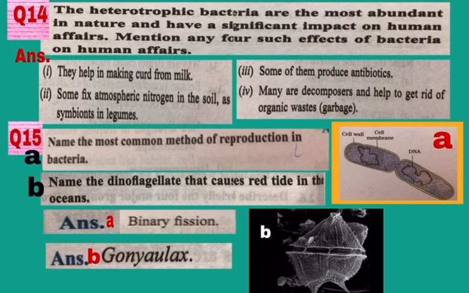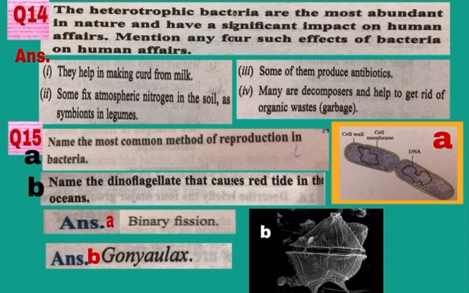Number 2, they help in fixing atmospheric nitrogen in the soil. An example of this bacteria is Rhizobium, which is found in the root nodules of leguminous plants. Number 3, some bacteria are used in making antibiotics. And number 4, many are decomposers and help to decompose organic waste.